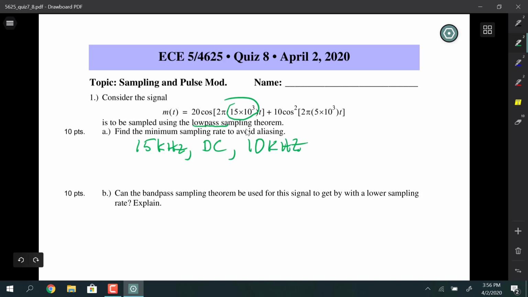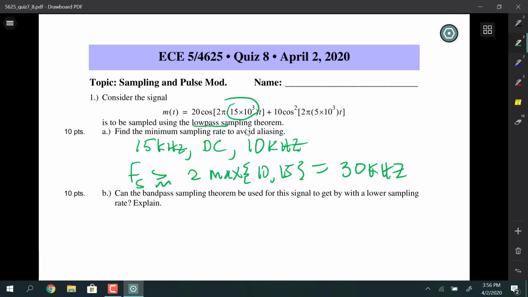So from the low-pass sampling theorem, Fs must be greater than, and I like greater than rather than greater than or equal to, but you could put approximately 2 times the max of those, which would be 10 and 15. So that would be 30 kilohertz the way I see it. Sound good?